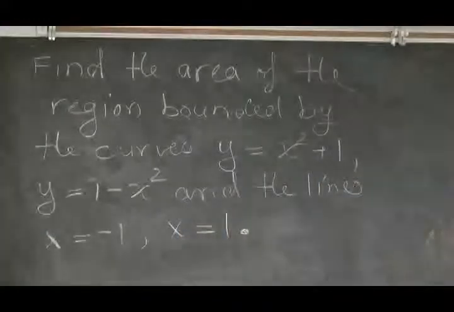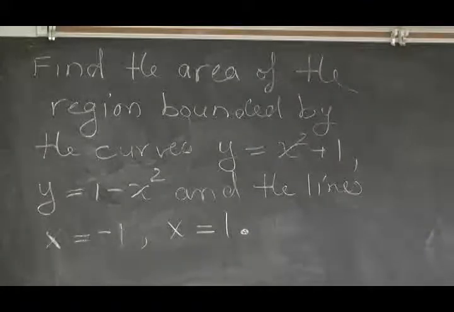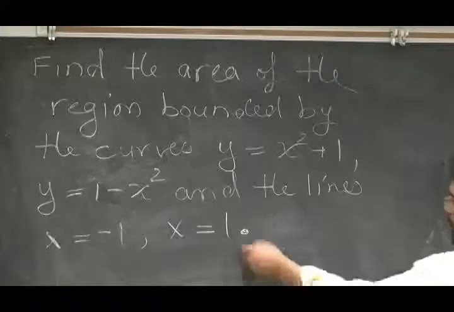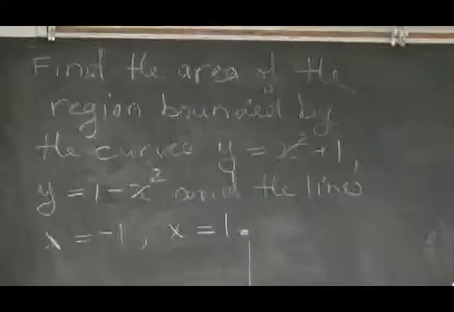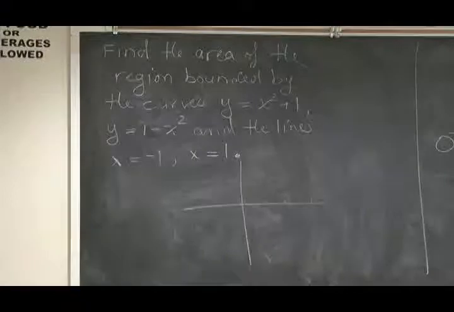Okay? So find the area of the region bounded by these curves. The first thing you want to do when you're trying to find an area is draw the diagram that represents the area of the region. Draw the region.